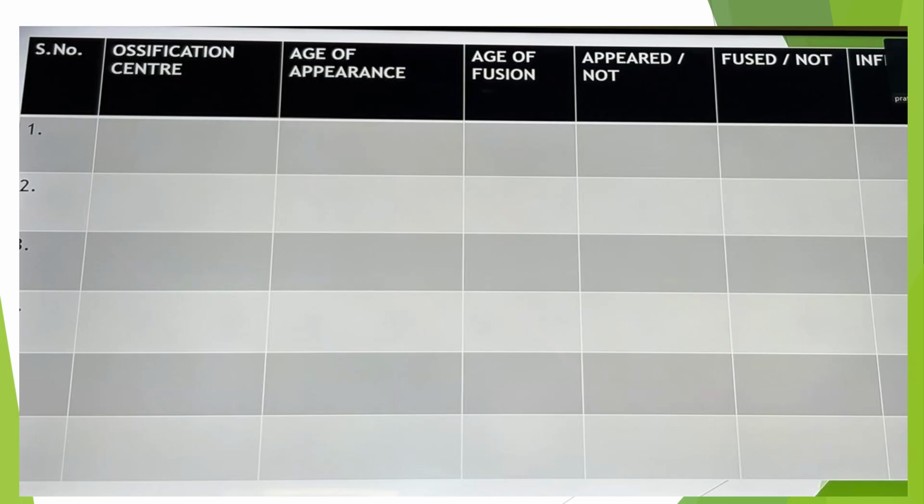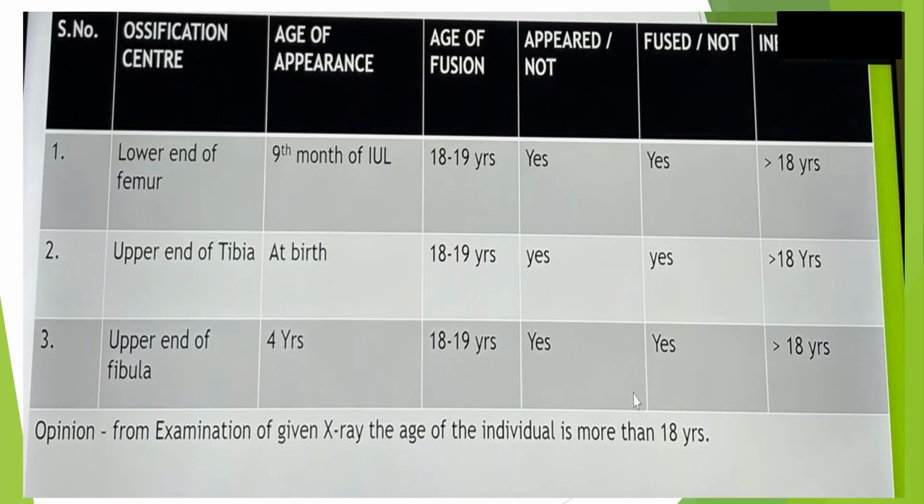Okay. So this is the table that you must draw. That is the serial number, ossification center, age of appearance, age of fusion, appeared or not appeared, fused or not fused, and then you'll draw the inference out of it. For example, if the lower end of femur has appeared, the age will be 9 months of intrauterine life. Fusion will be at 18 to 19 years.